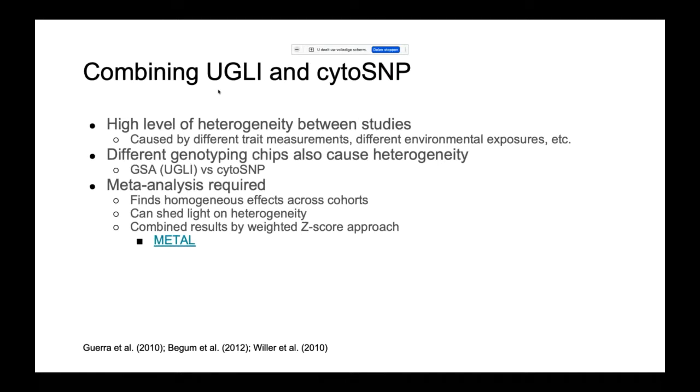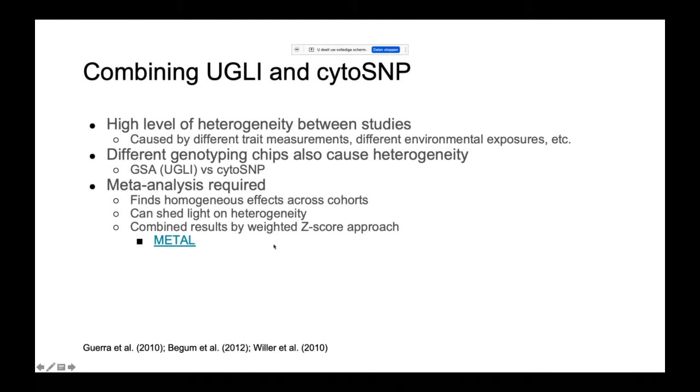The GSA genotypes about 750,000 variants, whereas CytoSNP genotypes only 1,000 SNPs. That illustrates that you really have to use a meta-analysis for that.